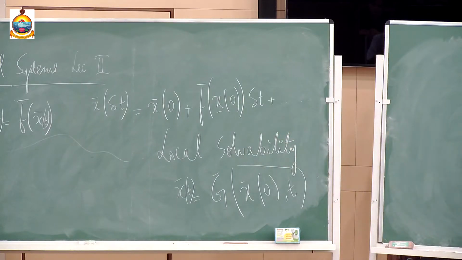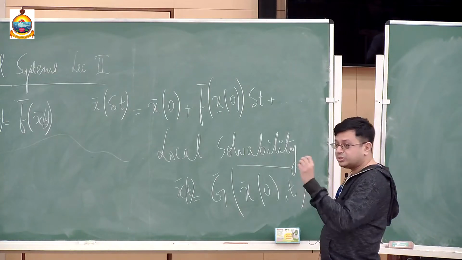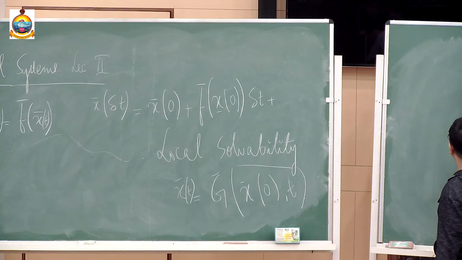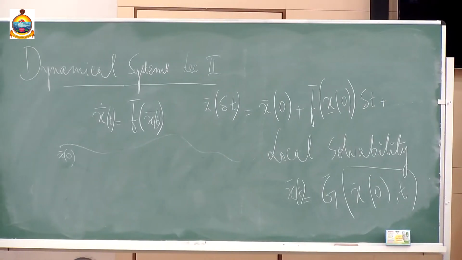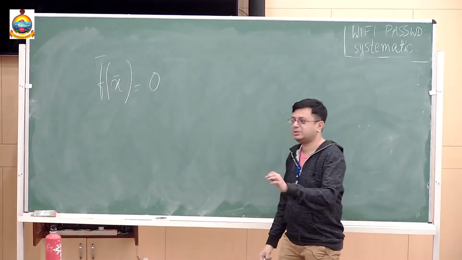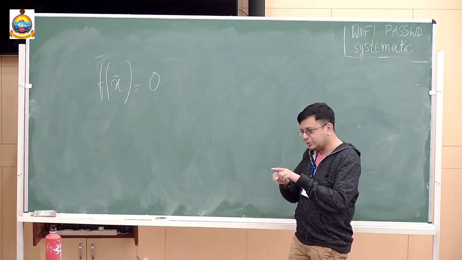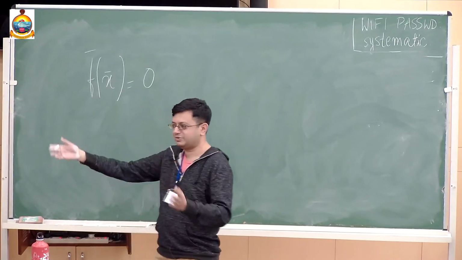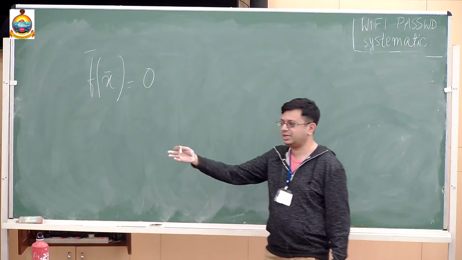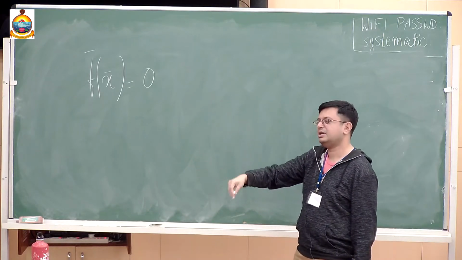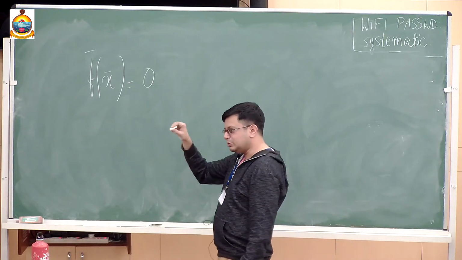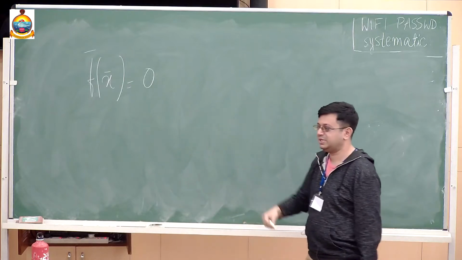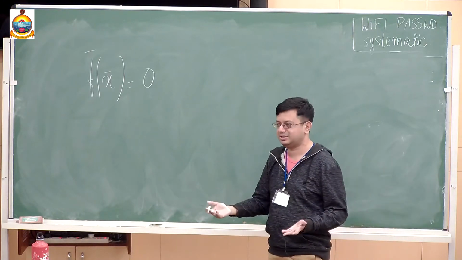But there is a caveat, that this is not going to work at those specific points for which f of x itself is 0. Suppose you start with a point where the local velocity itself is 0, then obviously you are not going to evolve in time. Okay? So at the next time you are going to remain there, and so on. As time goes by, you will stay put.